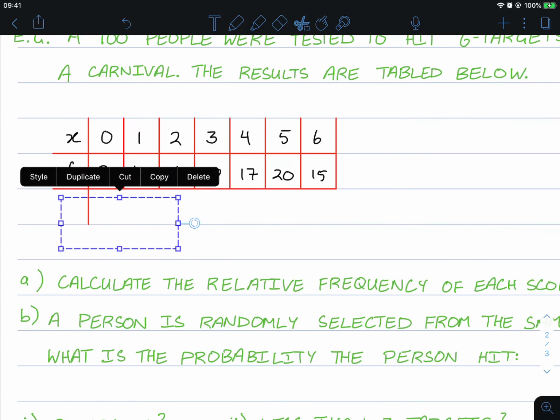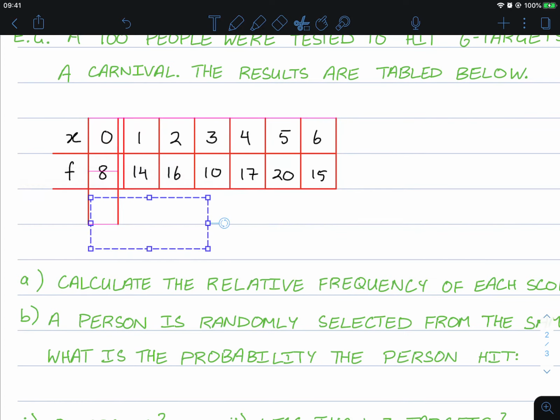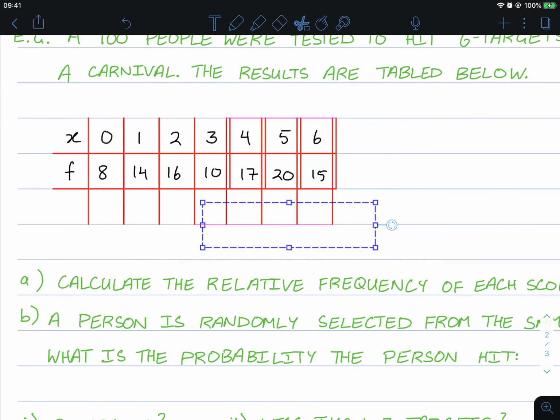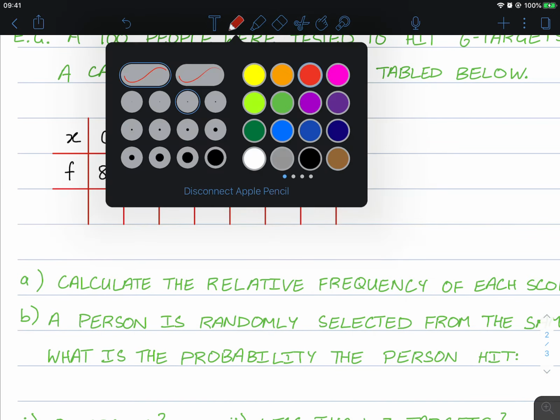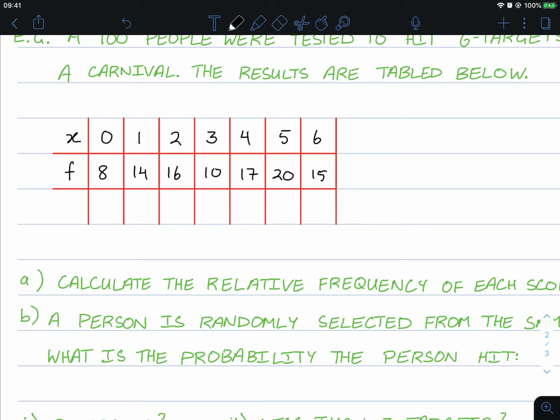And using this, you can create a table that shows the relative frequency of each of these.